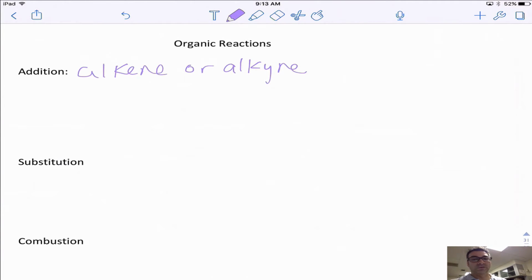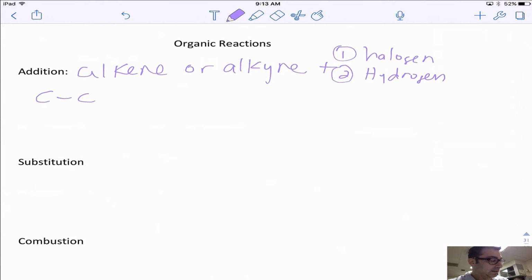So an alkene or an alkyne, and you add either a halogen to it or hydrogen to it. For example, if we were to use an alkene like ethene, and we were to add chlorine to it, chlorine would add to the hydrocarbon breaking the double bond, and we would get this.